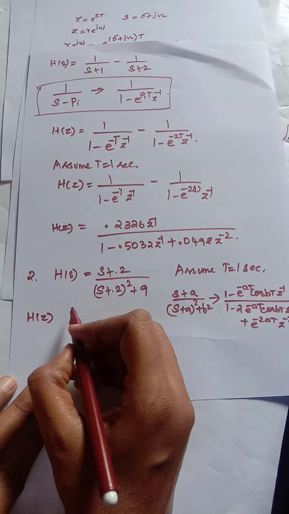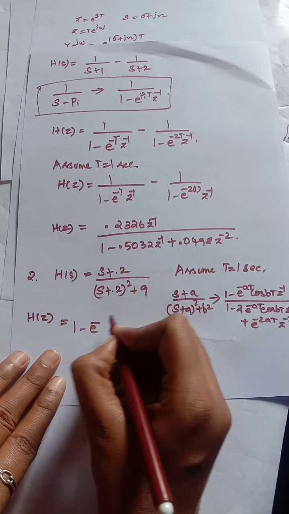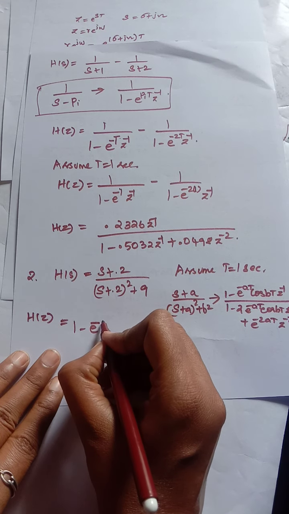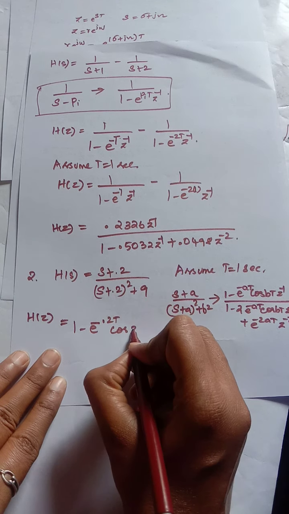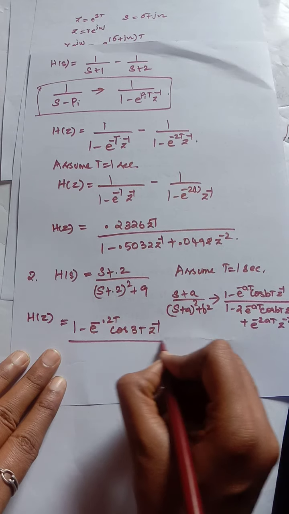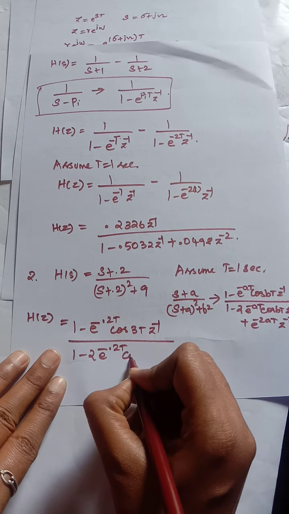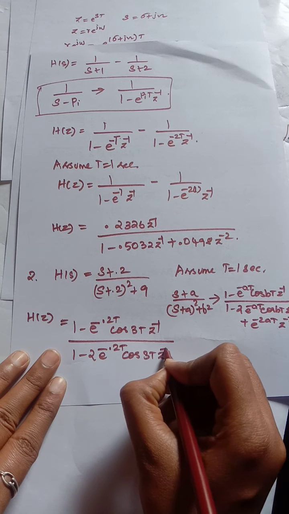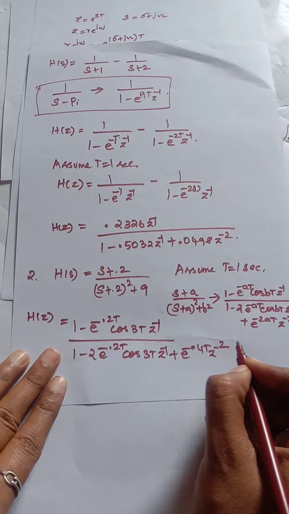Now applying this formula, H of z is 1 minus e power minus 0.2T, where a is 0.2 and b is 3, cos 3T z inverse, divided by 1 minus 2 e power minus 0.2 cos 3T z inverse plus e power minus 0.4T z power minus 2.